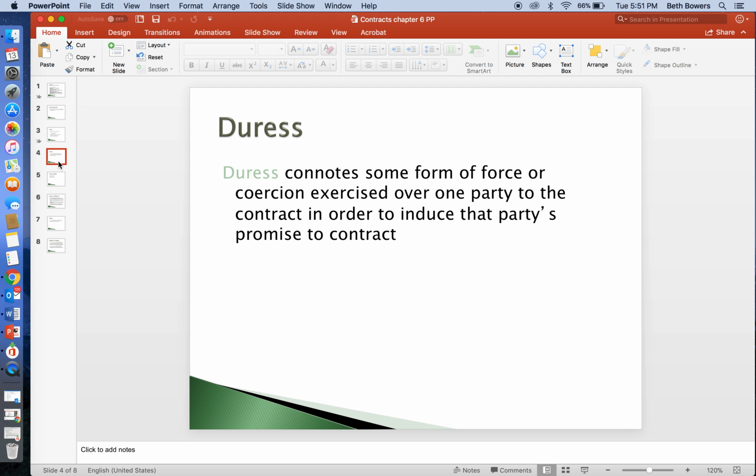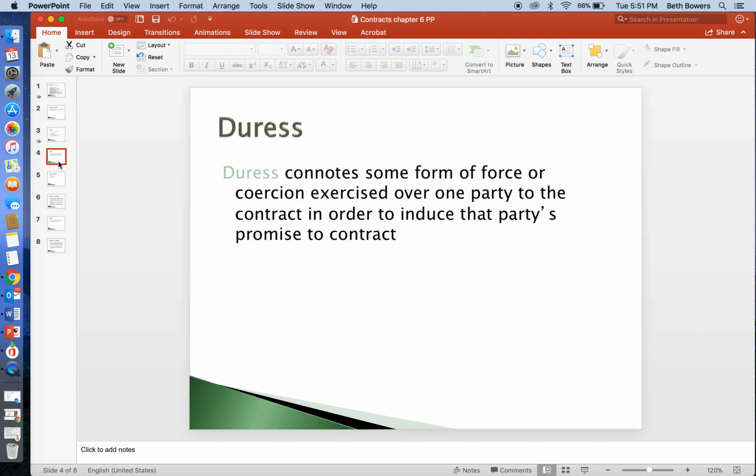It's just fact specific. It's a case by case determination, but there is some other pressure that is being put on the person that they're fearful. Maybe they're fearful of their safety, even though there's no immediate physical threat, or fearful of the safety of someone else that they love, or fearful of information being revealed about them, some other type of psychological threat.